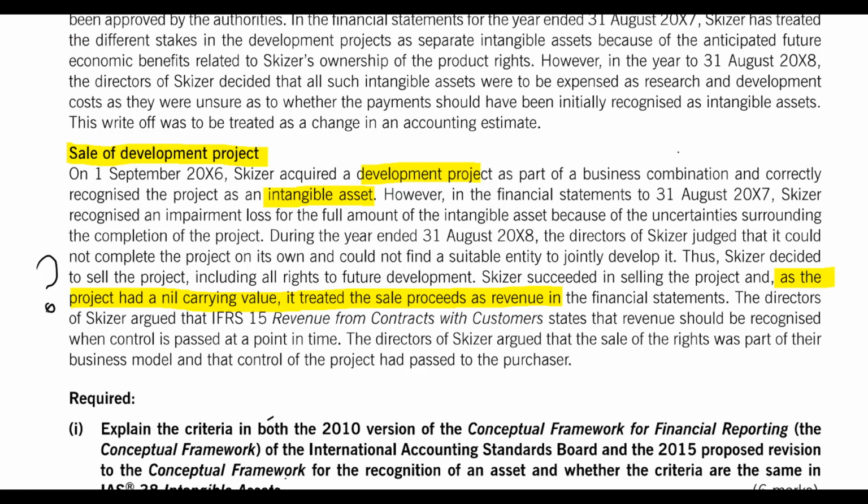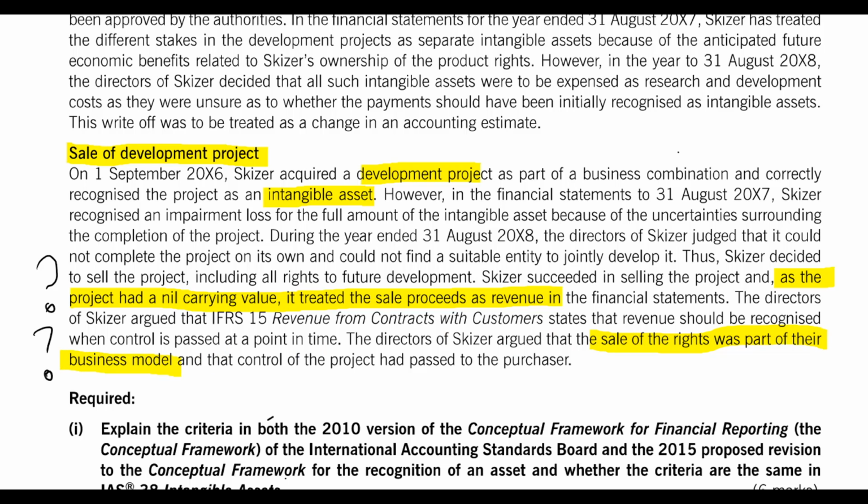I find that a strange justification. Why are you treating it as revenue because the carrying value was nil? That doesn't make sense to me. Alarm bells are beginning to ring. Now, whilst I agree that revenue is recognised when control is passed, I'm also rather concerned that the directors have argued that the sale of rights was part of their business model.